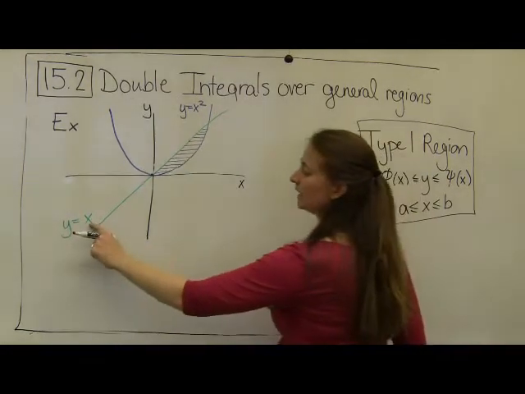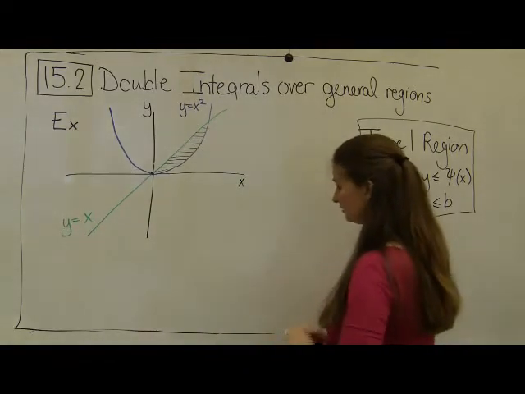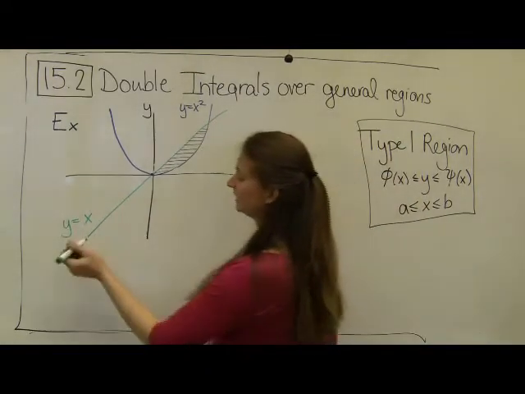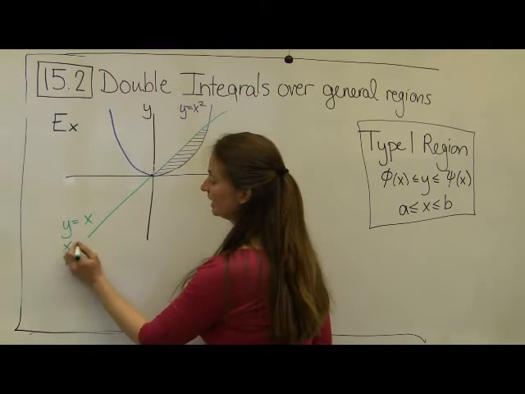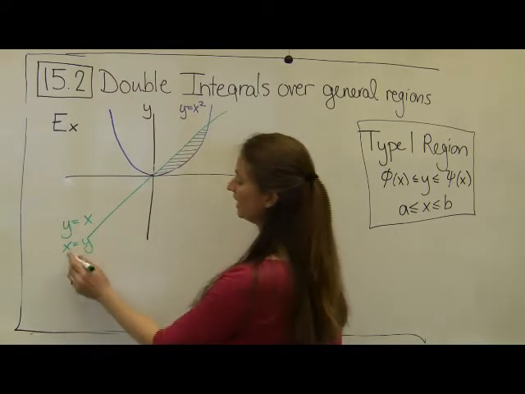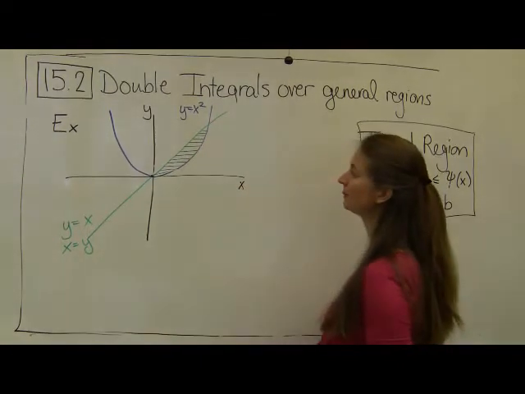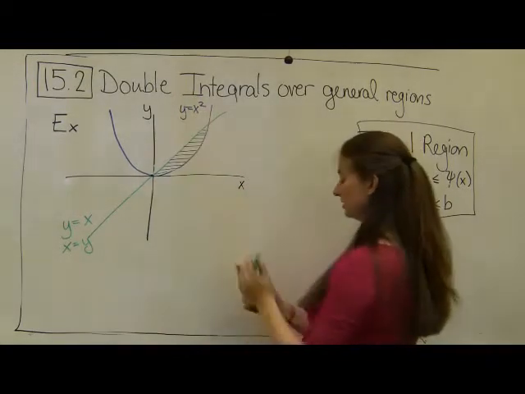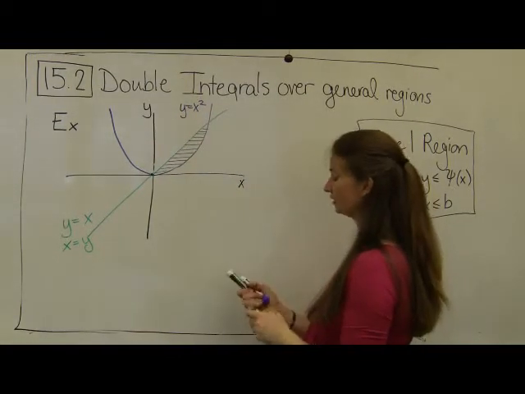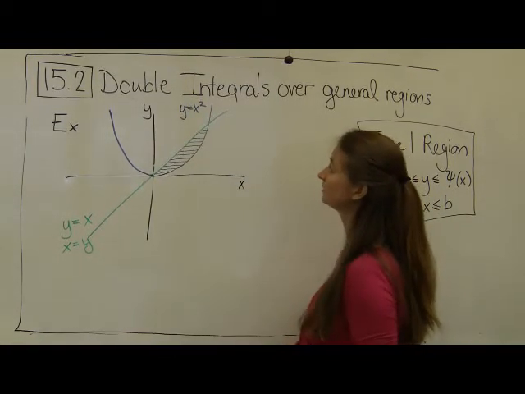So in this case, the green function, rewritten as a function of y, is actually just the same function, where x is just equal to y. However, if I want to write this other function as a function of y, I'm going to have to take the inverse of the function.